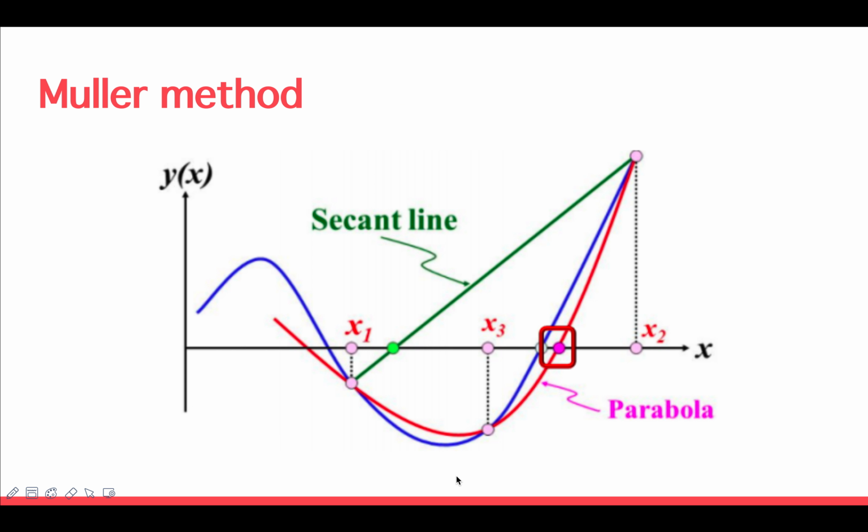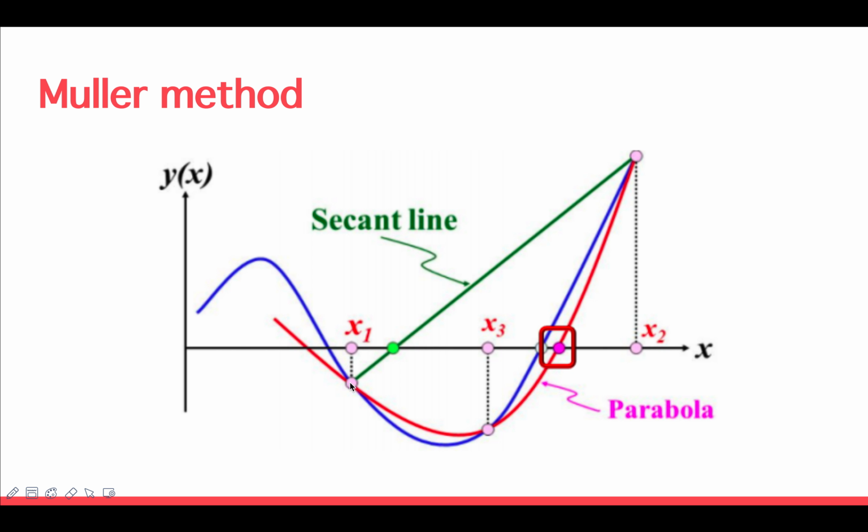So we talk about this Muller method. Your original function maybe looks like the blue one, something like this, and then you find 3 points.